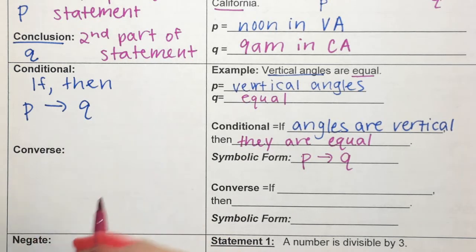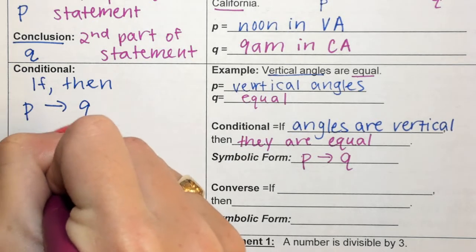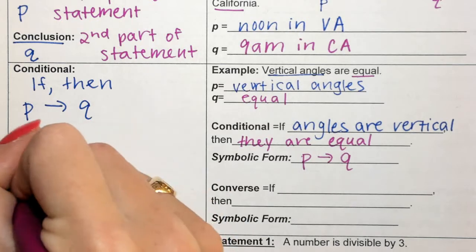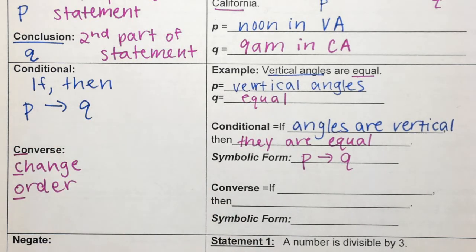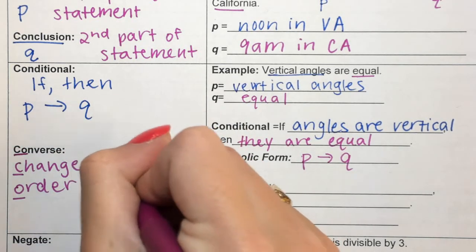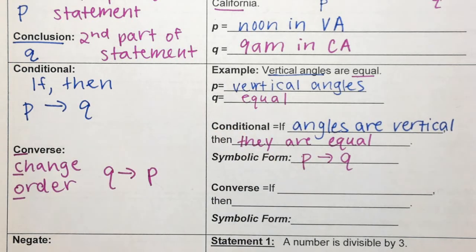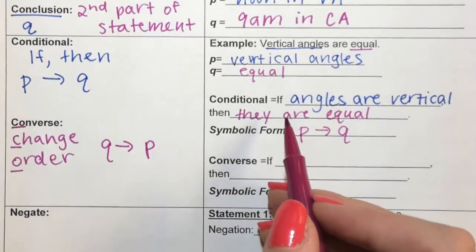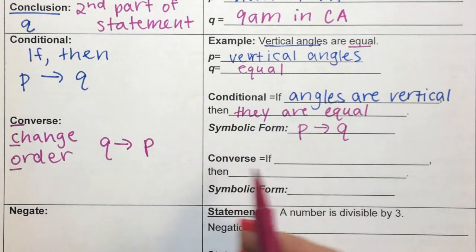So our converse then, if you see that CO, you want to think about change order from CO. So the converse, we just switch it, so it's going to be Q, then P. So if we use this same example here, instead of writing P first, we write Q first.